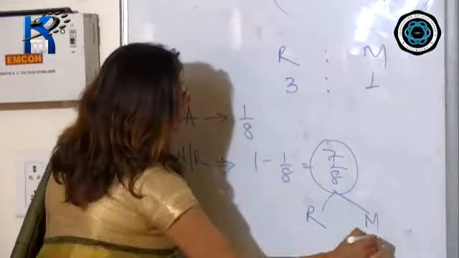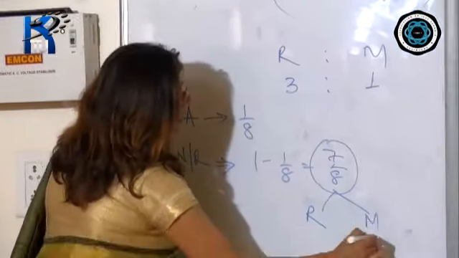Now, when we calculate this, it comes out to be 21/32 is to 7/32 is to 1/8. So 1/8 we have to make 32. To make it 32 we multiply the numerator and the denominator by 4. So this will come out to be 21 is to 7 is to 4. So, this is the new ratio.